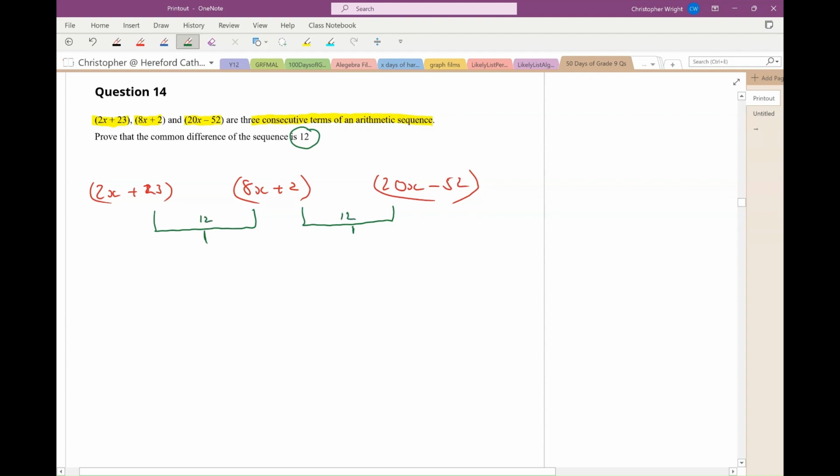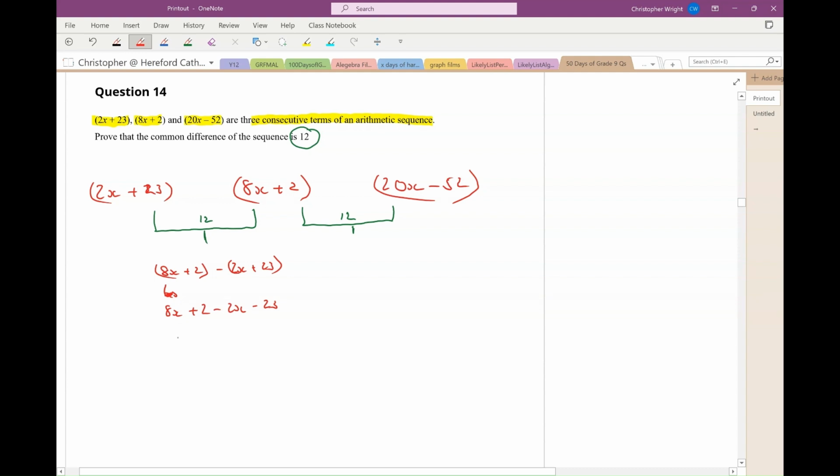So I've got to prove that the difference between the terms is 12. Well, let's have a look algebraically at the difference between the two terms. So the difference between the first and second term is going to be 8x plus 2 minus (2x plus 23). Put that in a bracket so I don't mess up the sign. So that's 8x plus 2 minus 2x minus 23.